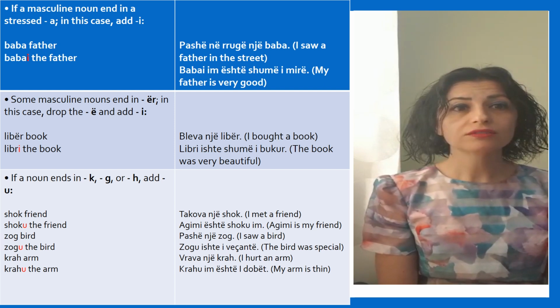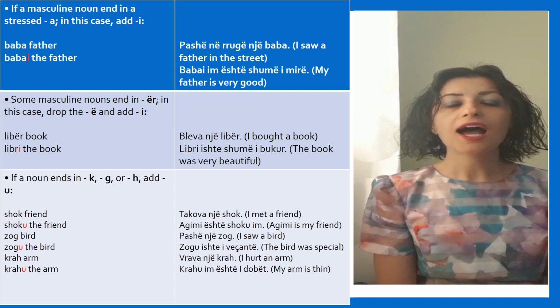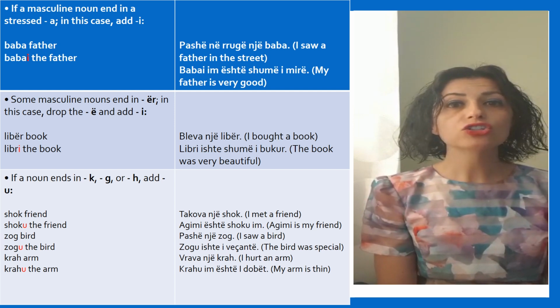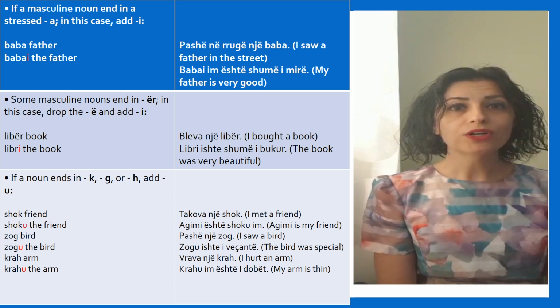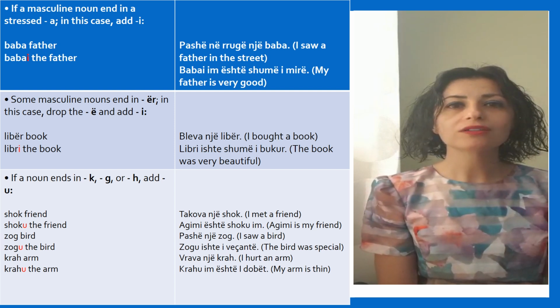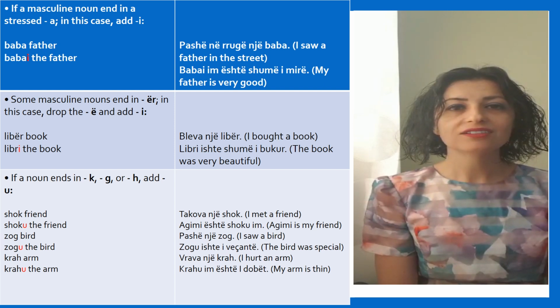Let's see an example. Takova një shok. I met a friend. The second case, Agimi është shoku im. Agimi is my friend. With the other word, zog, bird. Pash një zog. I saw a bird. The second case, zogu ishte i veçantë.